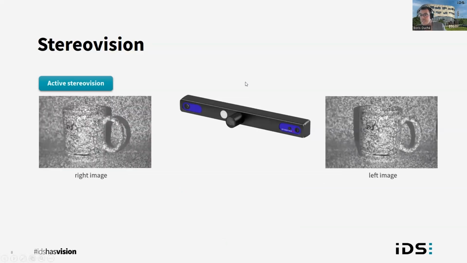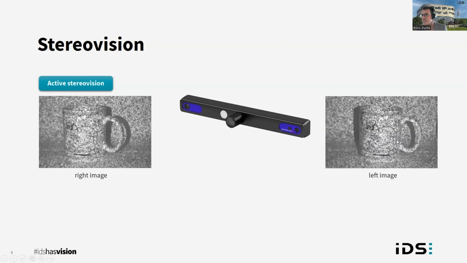Now I can see the same scene from the left and right point of view, but now my pattern projector added some texture to the scene, and it makes it much easier for my matching algorithm to distinguish from one pixel to the other, because each pixel looks very different. So if I look on the right image, I have a pixel that is black, and the pixel on the top is white, and the pixel on the right is light gray.